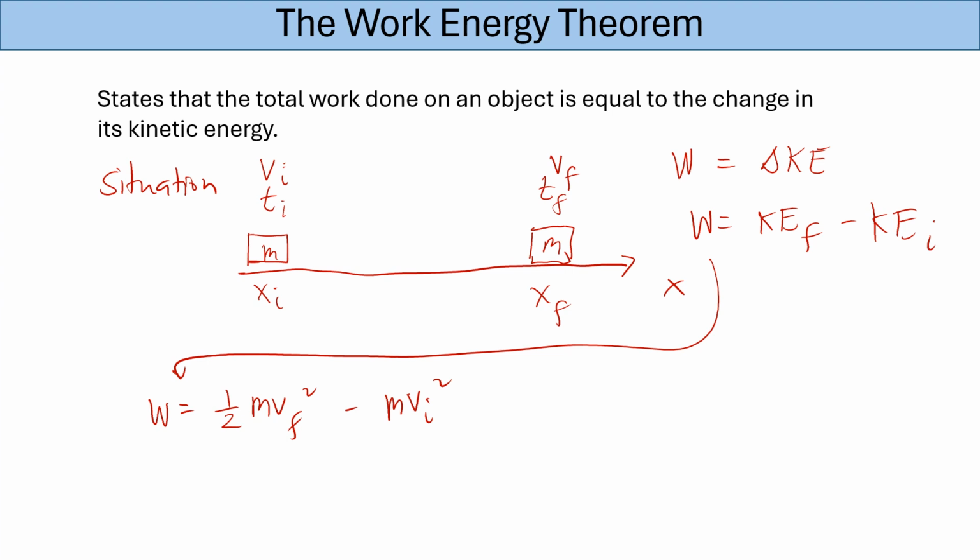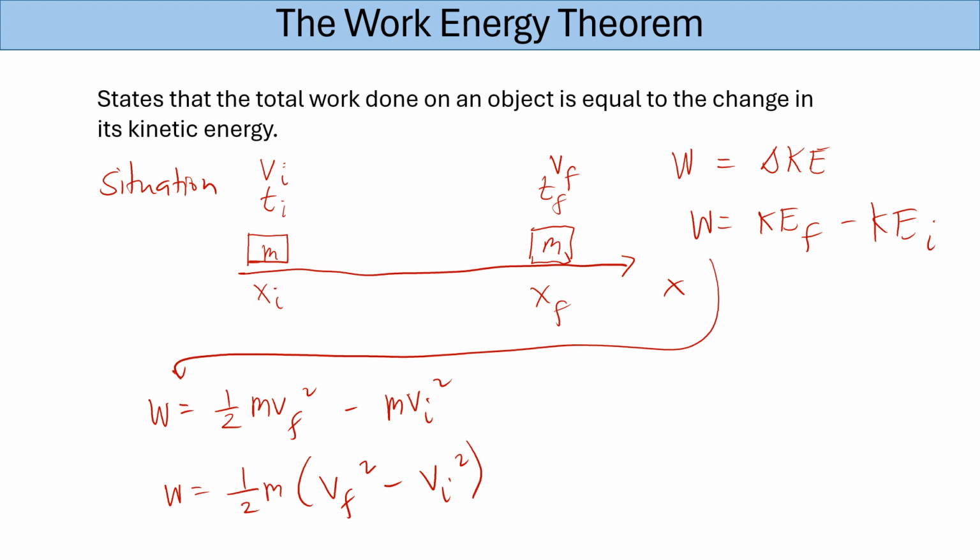Okay, so we can factor out 1/2 m, then you could have 1/2 m times vf squared minus vi squared. So this states that the work done on moving this object, regardless of the force, is equal to its change in kinetic energy.